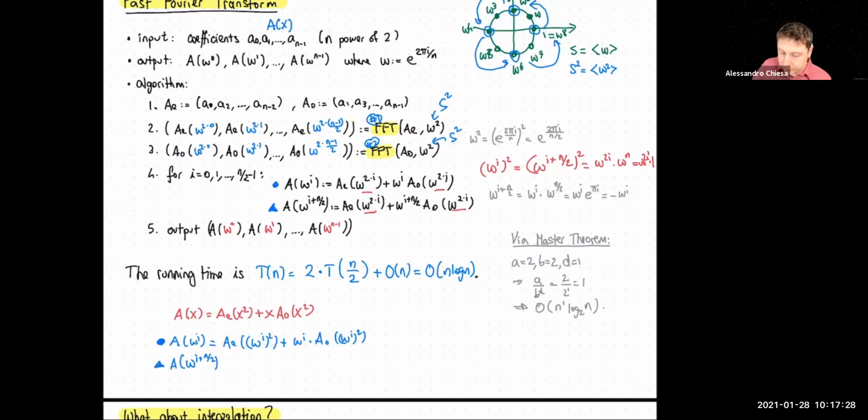So here we're going to get AE of the square, which we already checked is omega to the 2i, plus omega to the I plus n over 2 times AO of the square, which is omega to the 2i. And that's the triangle expression. So I'm basically computing the n outputs in n over 2 pairs. Hopefully that clarifies the recombination step.